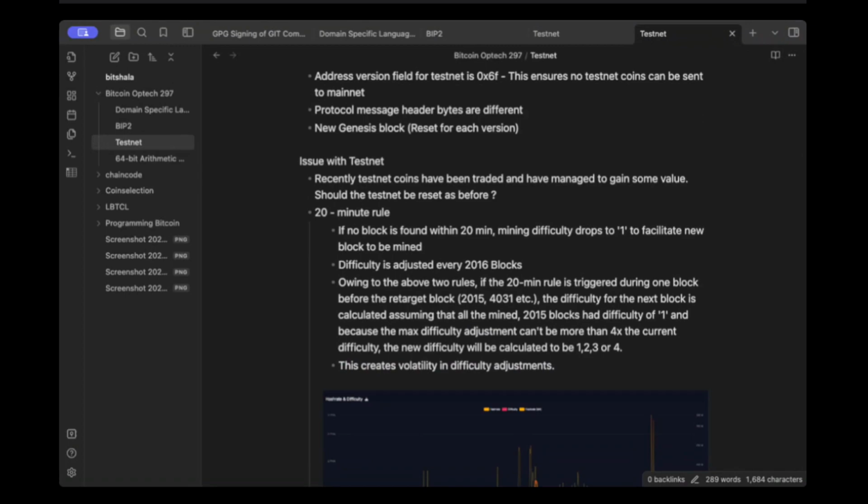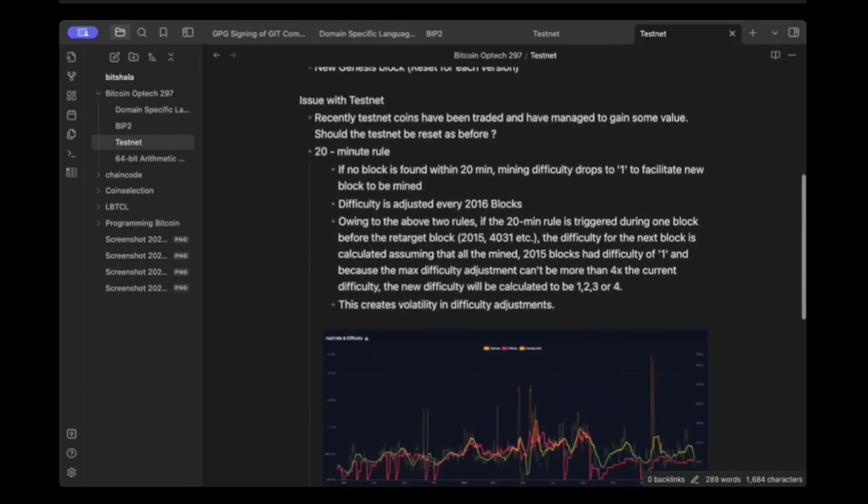Right now, some sort of market is being set up to trade testnet coins. Typically, when this happens, devs get together and reset the testnet with a new Genesis block. The discussion is on whether we should do it.